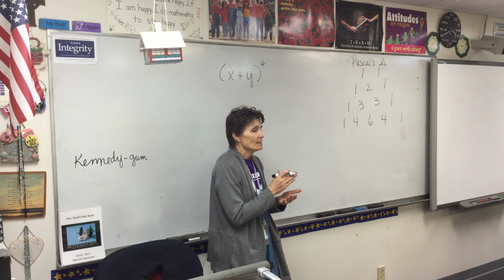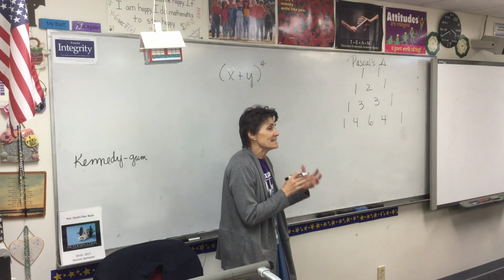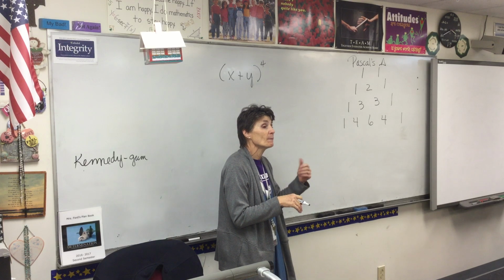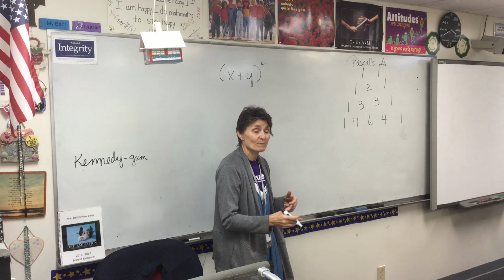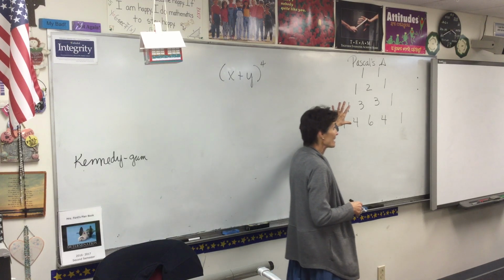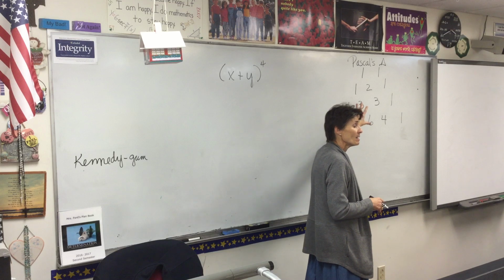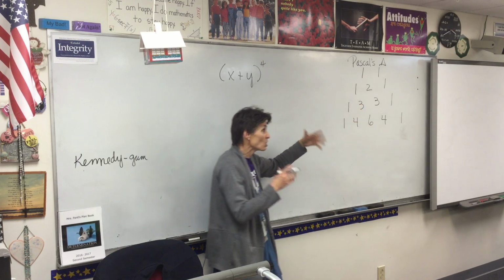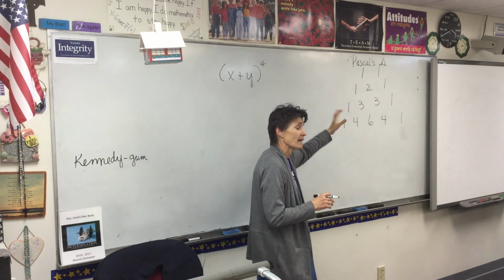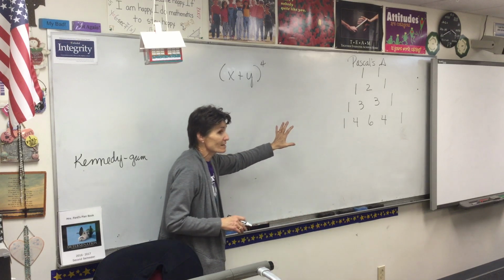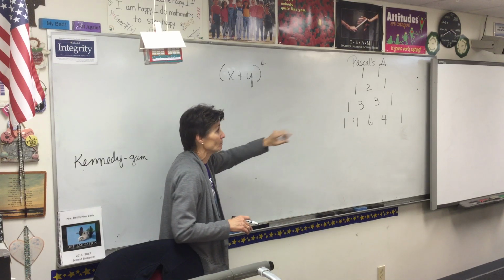Pascal started with some of the easiest games of chance, like flipping a coin or rolling a die. So believe it or not, this set of numbers came from the study of coin tossing and die rolling. We're not using it for that right at this moment, but we will.